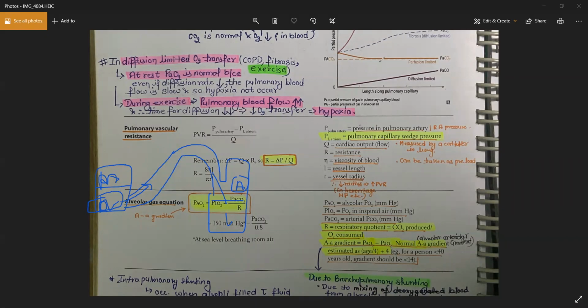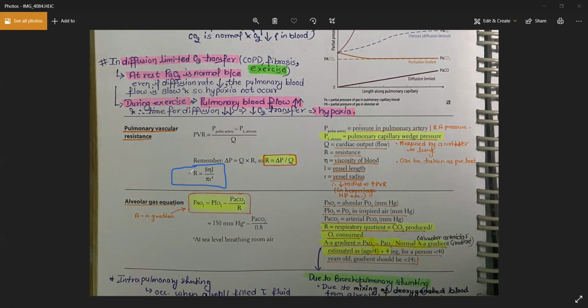If you have studied physics, you also remember this formula: the resistance is equal to 8 times the viscosity of the fluid multiplied by the length, divided by pi multiplied by the radius of the vessel. If you have more length of the blood vessel, you will have more resistance. Similarly, if you have more viscosity of the blood, if more RBCs or more antibodies are there, this will increase the viscosity, and the resistance will also increase.